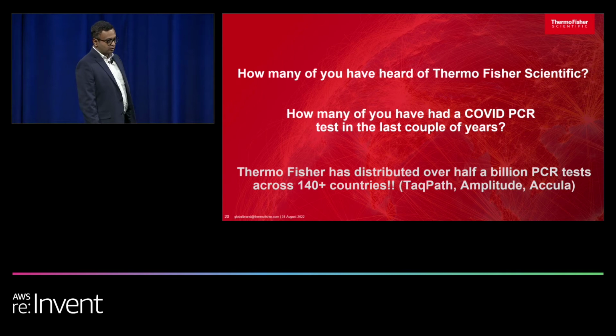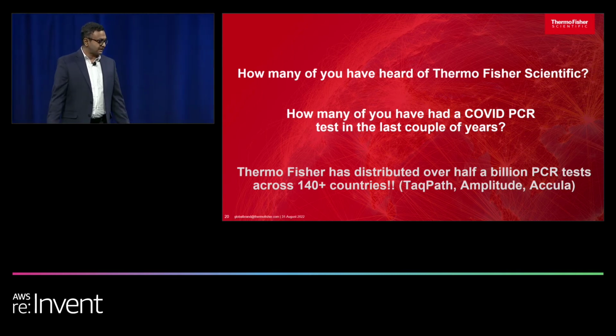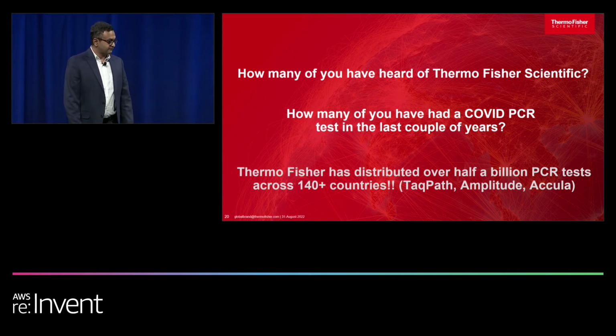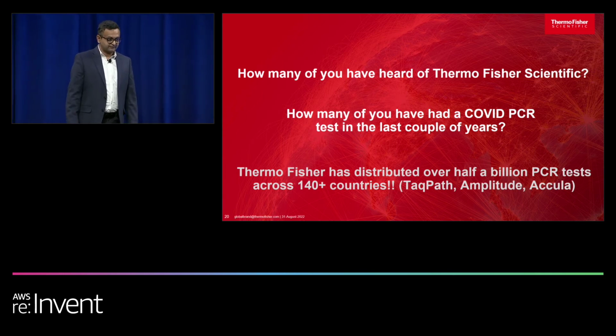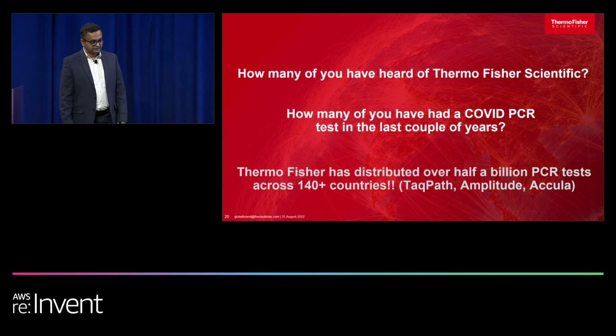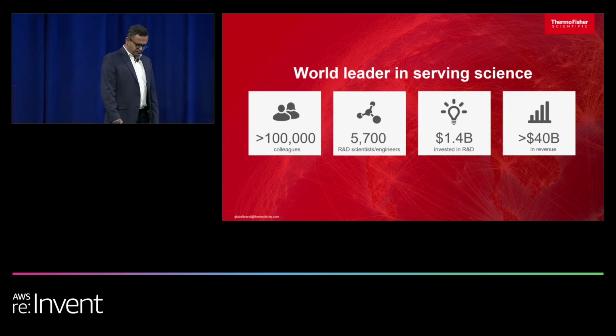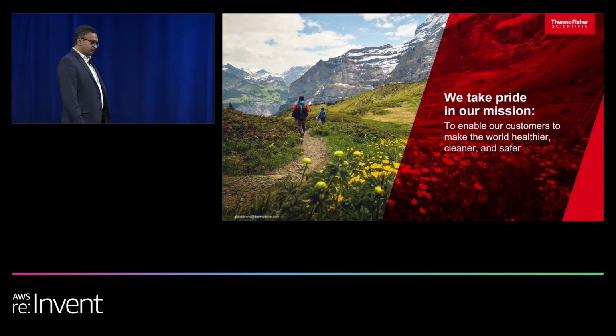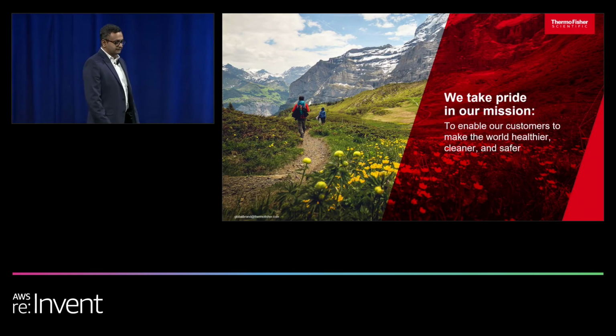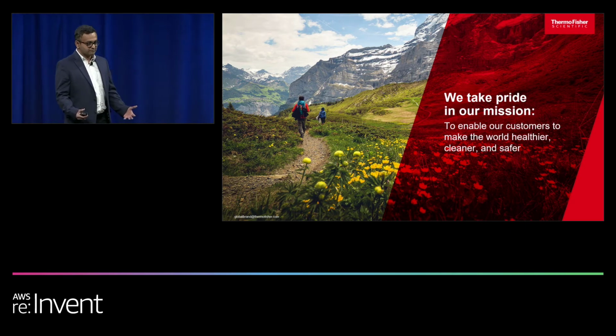And we have one of the largest R&D fundings in the industry, specifically in the scientific industry, with $1.4 billion of scientific investments in R&D itself. Today, where we drive is more around the motto of Thermo Fisher: never leave any customer behind when it comes to science.